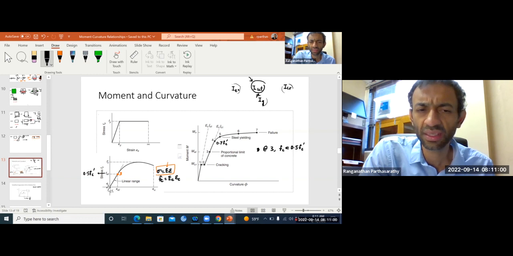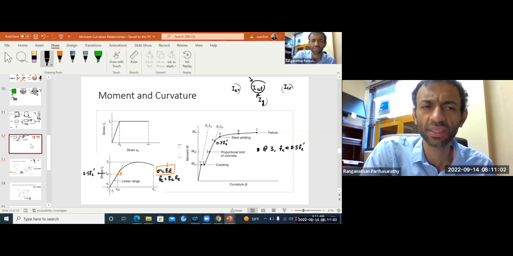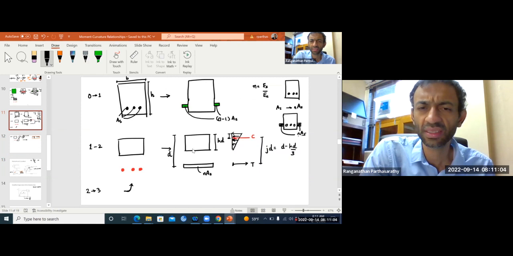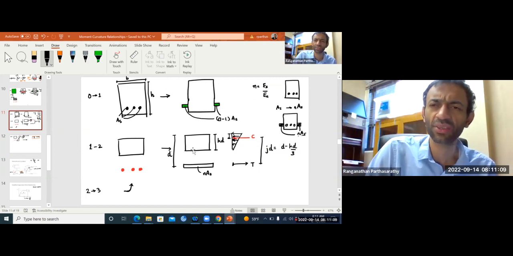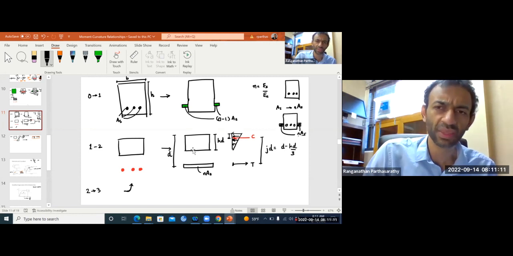Only when everything is linear, we can use modular ratio, convert to equivalent section. Neutral axis is equivalent to centroidal axis, and then sigma is My over I, all of those, right?